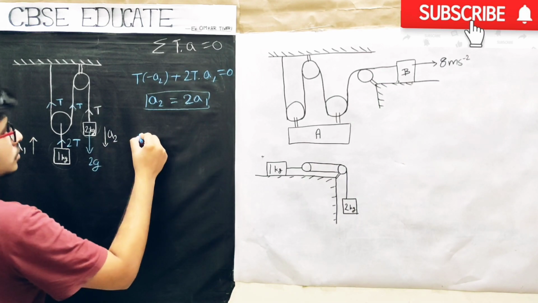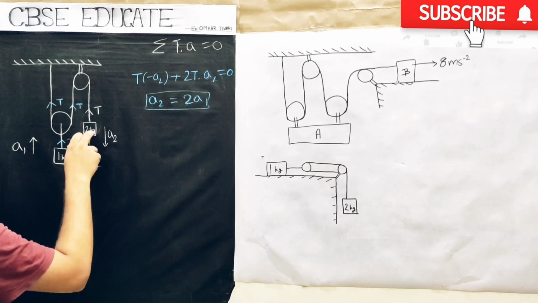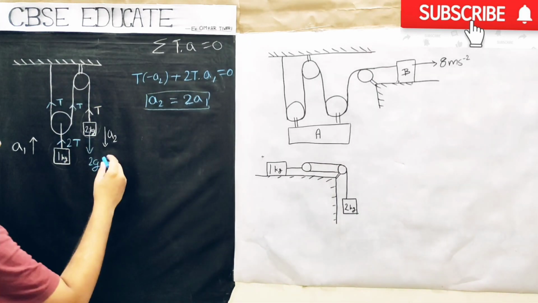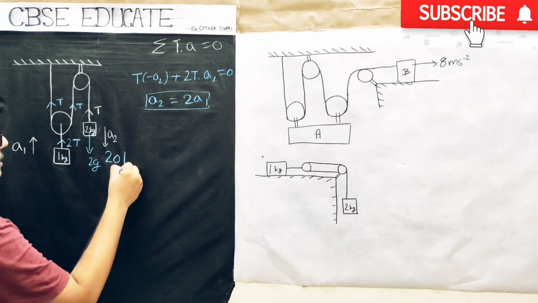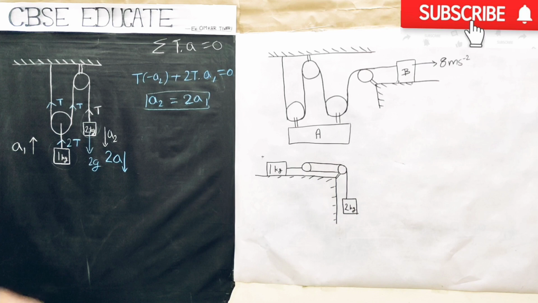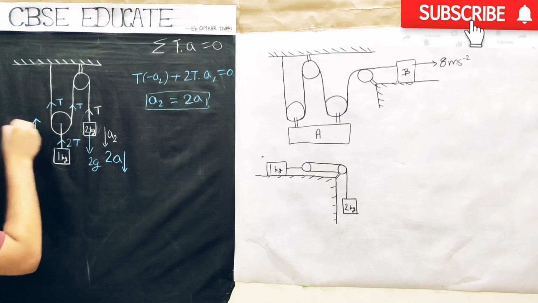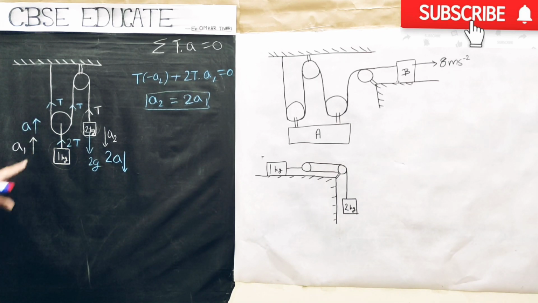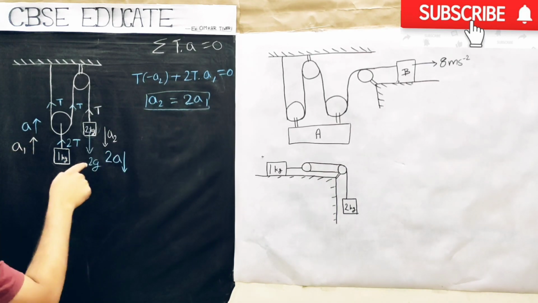Before that, consider that suppose this body is accelerating downward with acceleration 2a. Suppose this is going down with acceleration 2a. So this will accelerate upward with acceleration a. Why? See, this acceleration is half of this acceleration. See, A1 is half of A2.